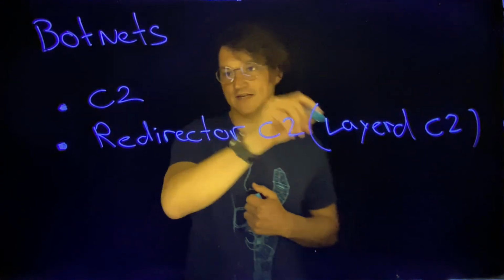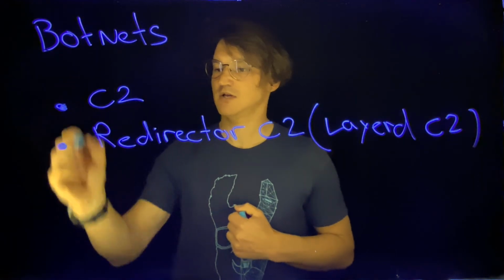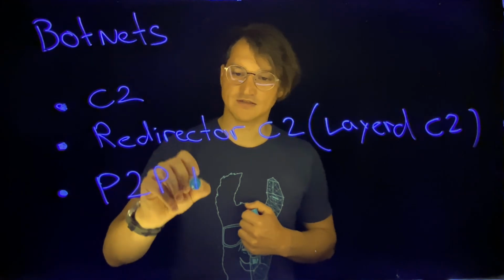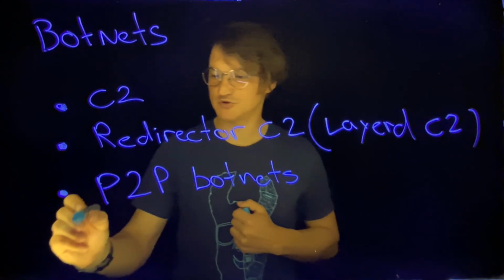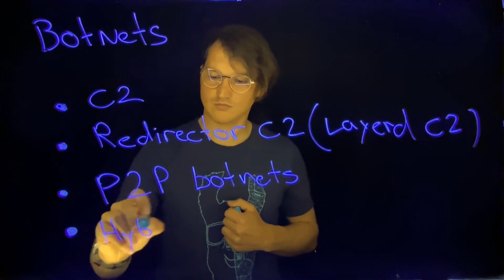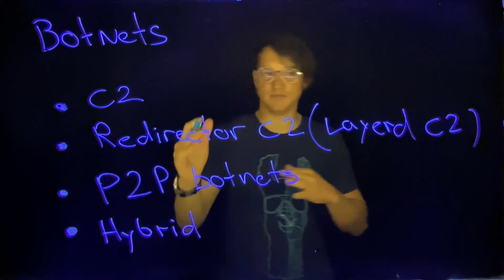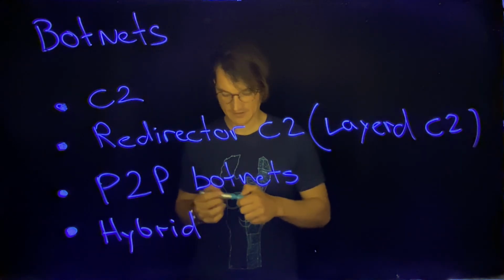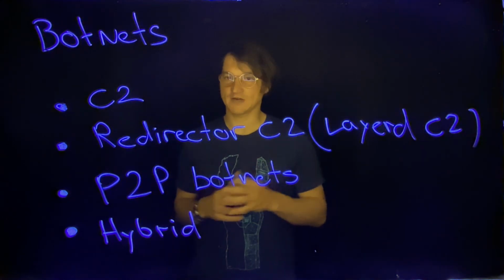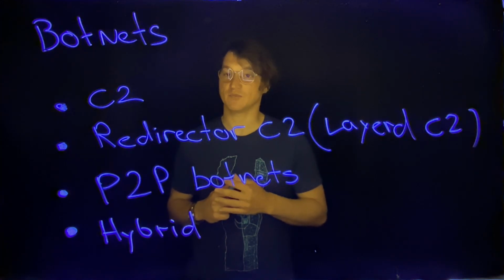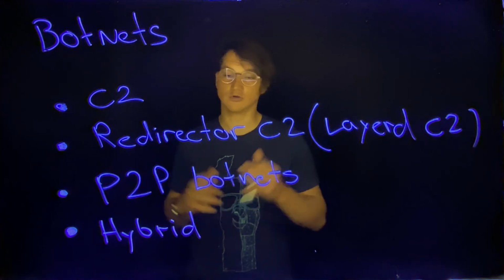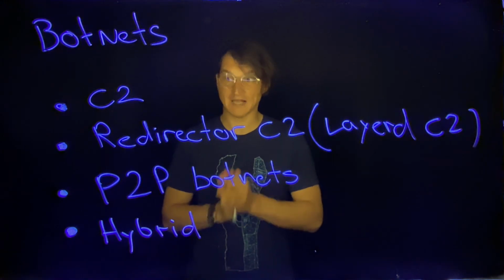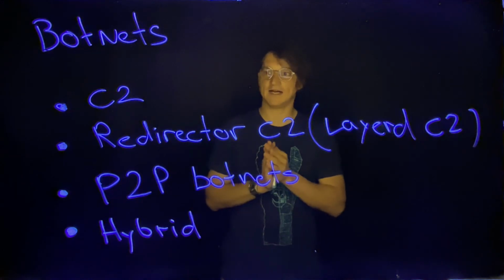Then we had multiple layers to protect the main control, and then we had peer-to-peer botnets, and we also had the hybrid. The hybrid one would combine peer-to-peer and a layered C2 to maximize the resilience and also the OPSEC of the attacker and the botnet master. So that was, in my opinion, the fourth pillar of malware evolution and development in that period.